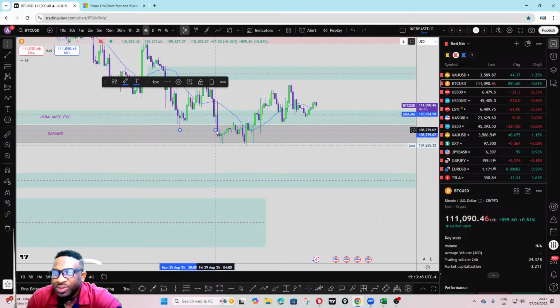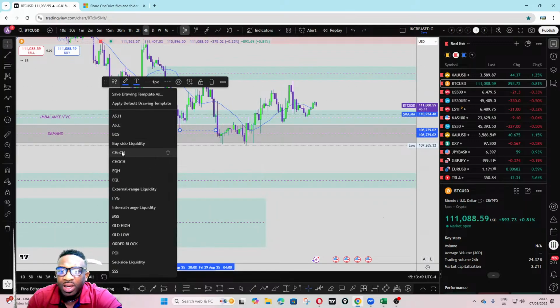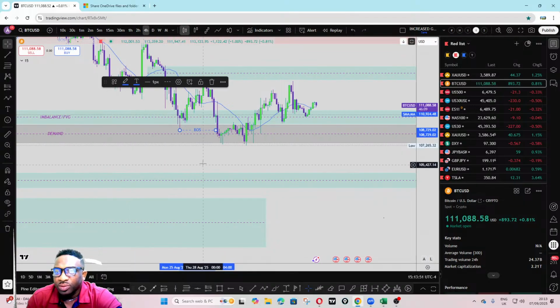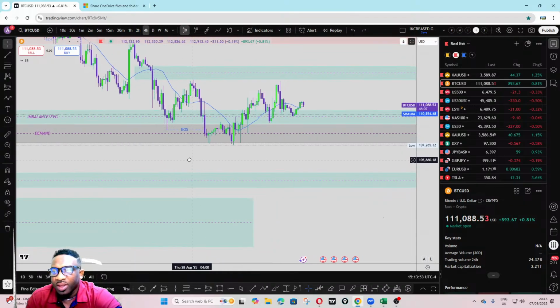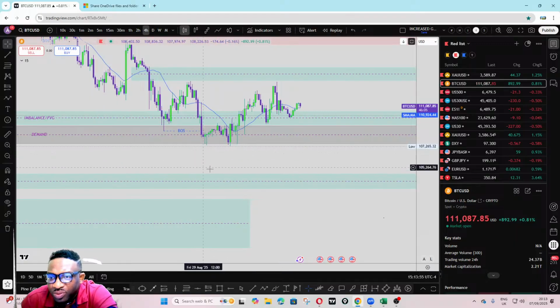This is the most recent break of structure that we had, and mostly you consider the most recent break of structure. So from here we had this break of structure, and the origin is right here.